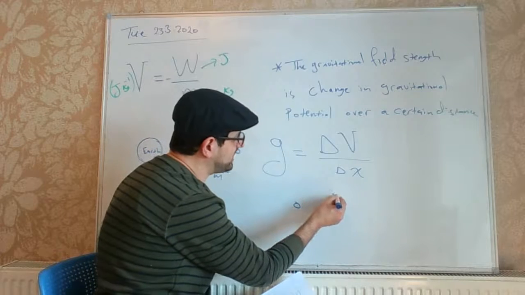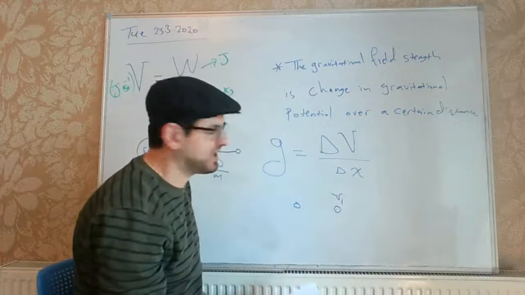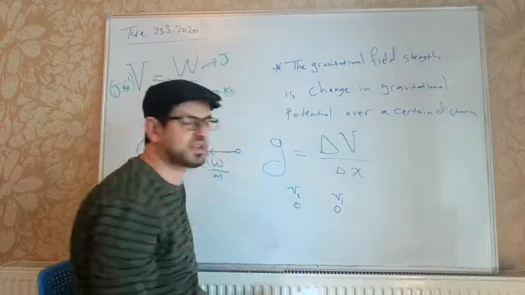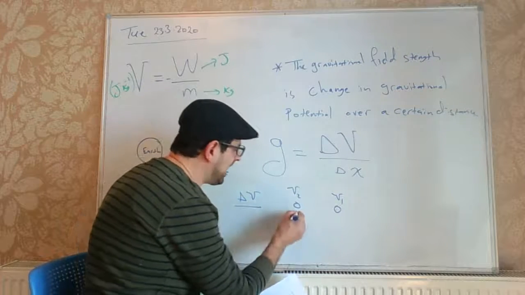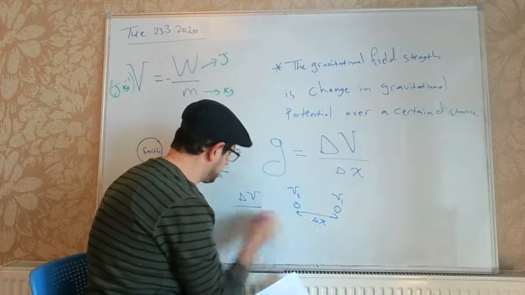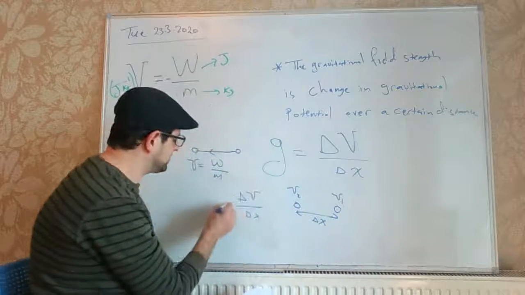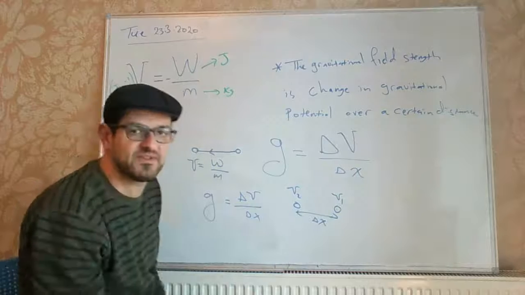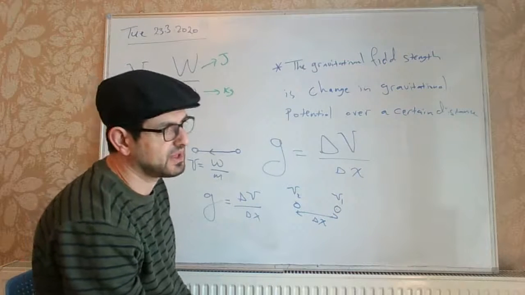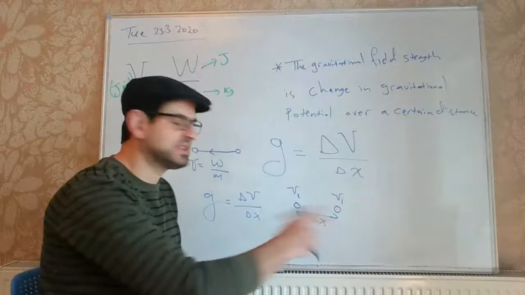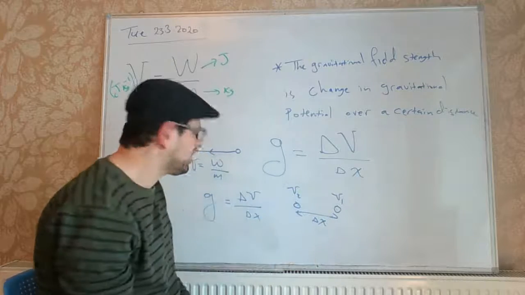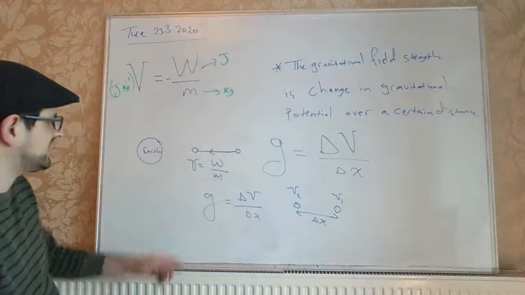If you calculate the electric potential here and at this point, you take the difference and divide by how much distance there, this ratio is the gravitational field strength. The gravitational field strength at one point is the difference between these two points over the distance.